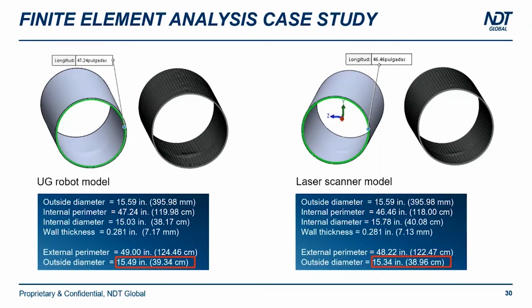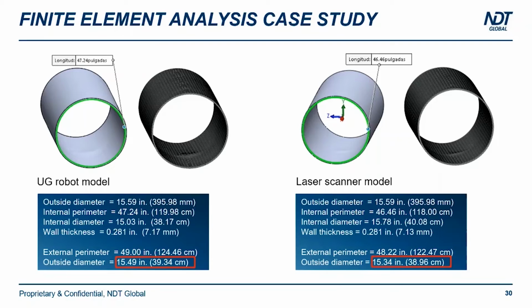So what happens when we compare this information? On the left side, we have the UG robot model, and on the right side, we have the laser scan model. Using all this information, we are able to calculate the outside diameter, the internal perimeter, internal diameter, external perimeter, and outside diameter.